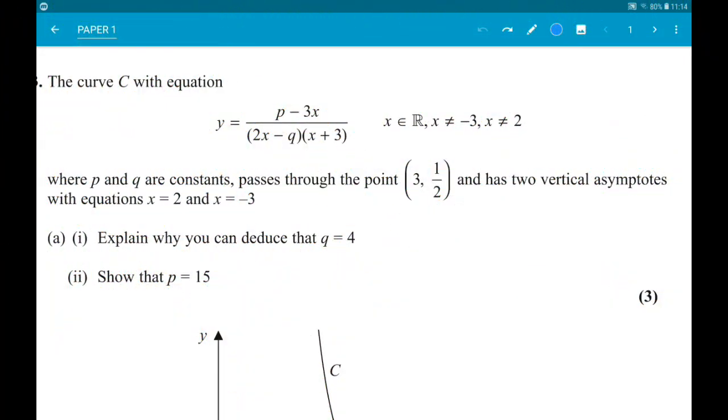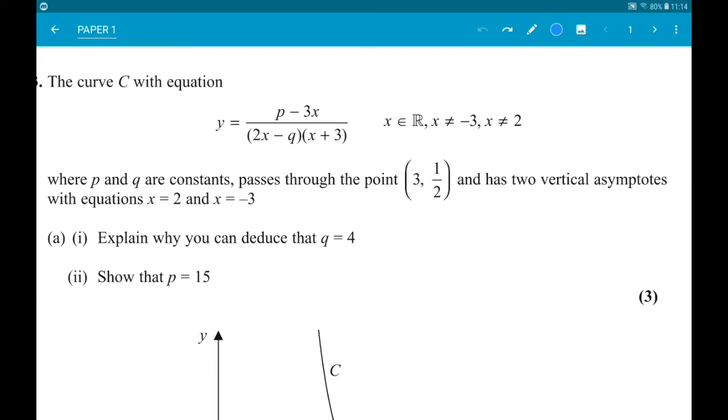So curve C is y equals p minus 3x over 2x minus q times x add 3, where x is in the reals and not equal to minus 3 or 2. P and Q are constants.